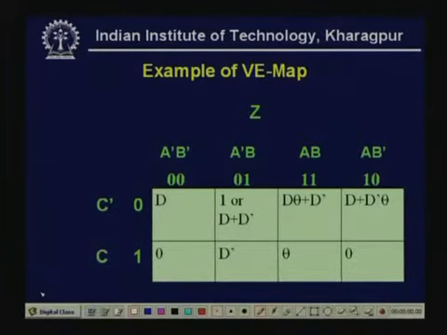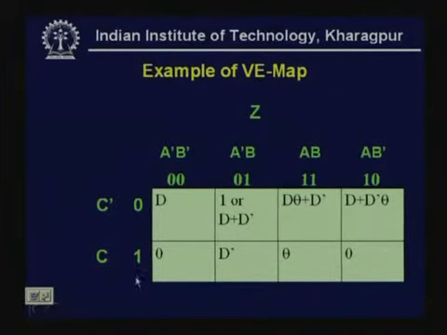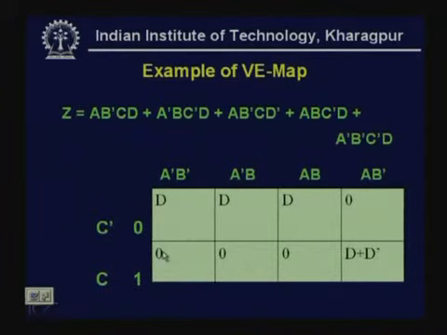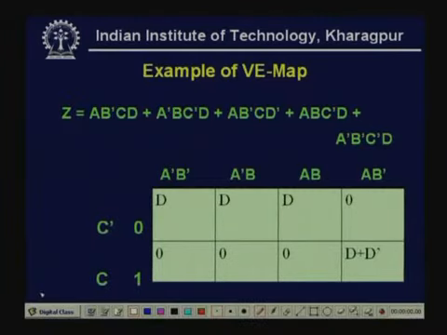So, this is the concept of the map entered variable. This is another example of the 4 variable, and here we have simply considered D as the map entered variable. So D is MEV.